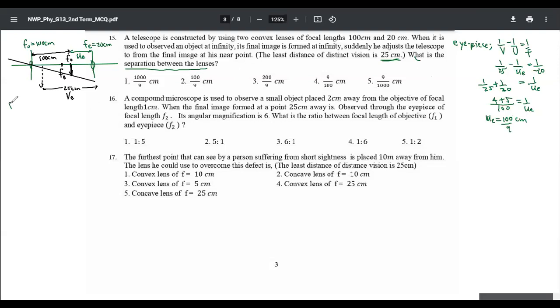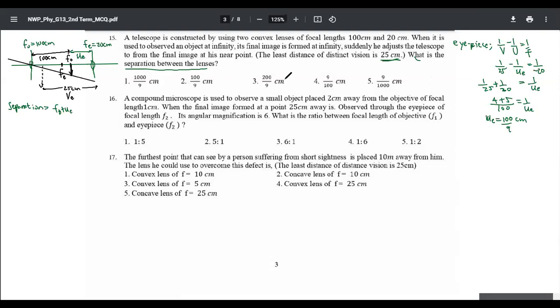So what is separation, people? Separation is equal to FO plus UE. If you had added, no, that answer is not there, so you are safe.